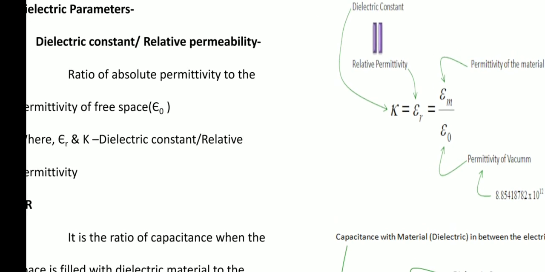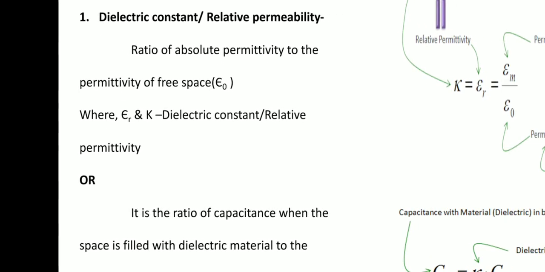8.85418782 × 10^-12 farad per meter. So simply, the dielectric constant or relative permittivity is the ratio of the permittivity of the material to the permittivity of the vacuum or free space. Understood?